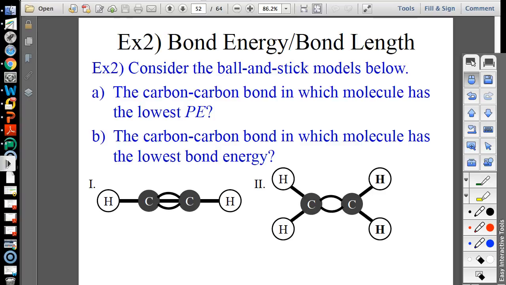All right, let's take a look at this. On number 2A, the carbon-carbon bond, which molecule has the lowest potential energy? Yes, the first picture, and why is that?